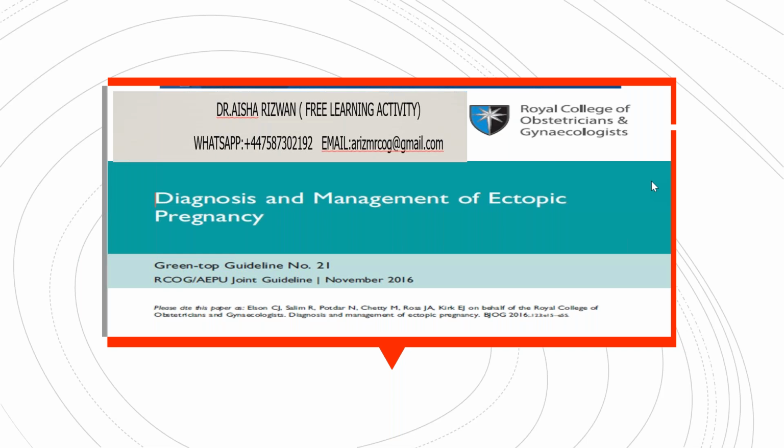All right, the next type of pregnancy is an abdominal pregnancy. We can use the ultrasound criteria to diagnose abdominal pregnancy.